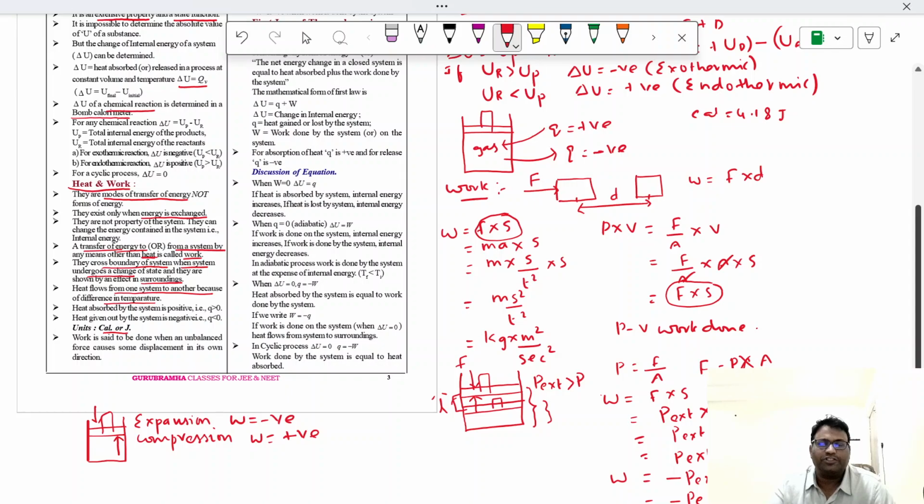If it is to be positive, then we have to use minus here. Less minus more gives you a negative value, and negative into negative gives you positive. So, matching the conventional sign, we are using minus here. Finally, what you need to remember is that work done is given by the formula minus P external into delta V.